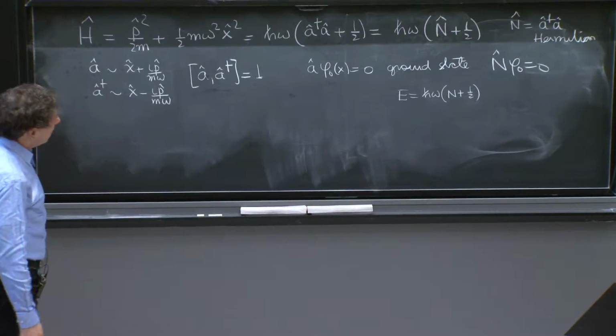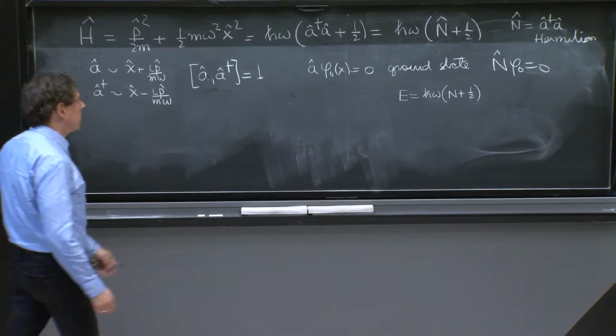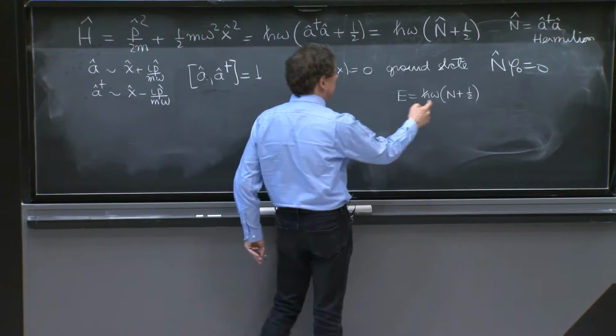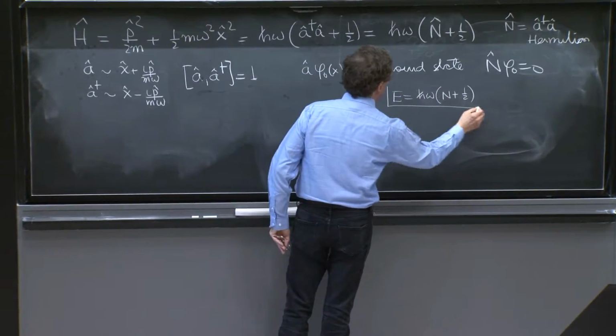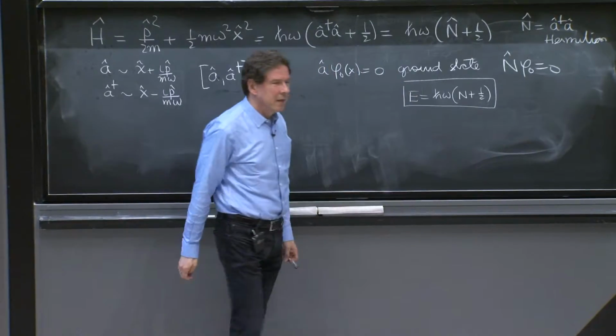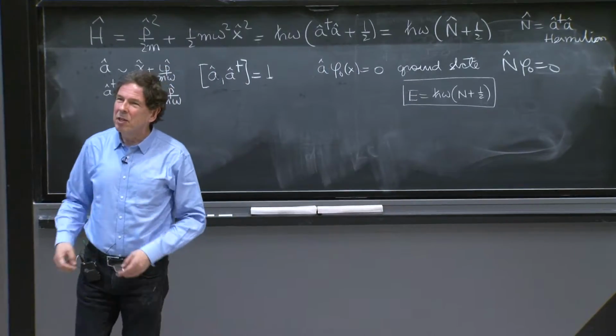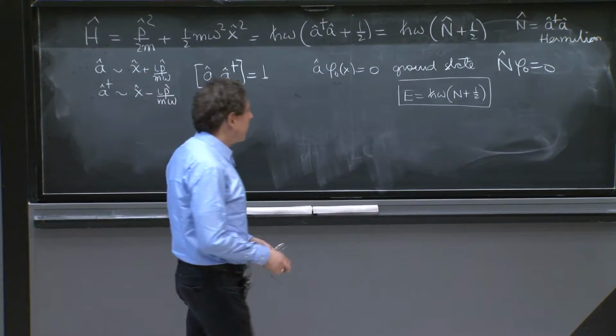So that gives you a very nice, simple expression that you see that the energy is the number plus a half multiplied by h bar omega.